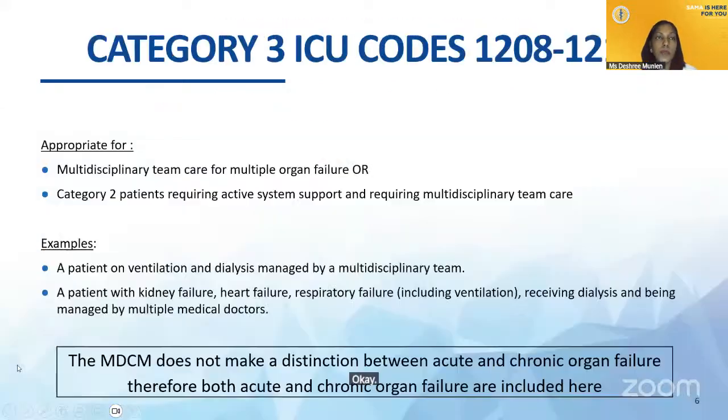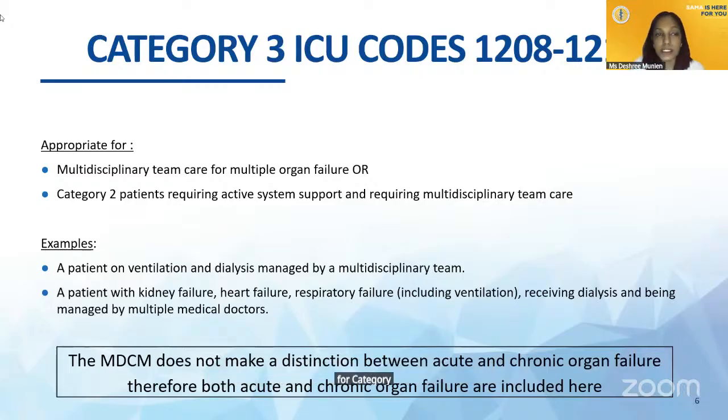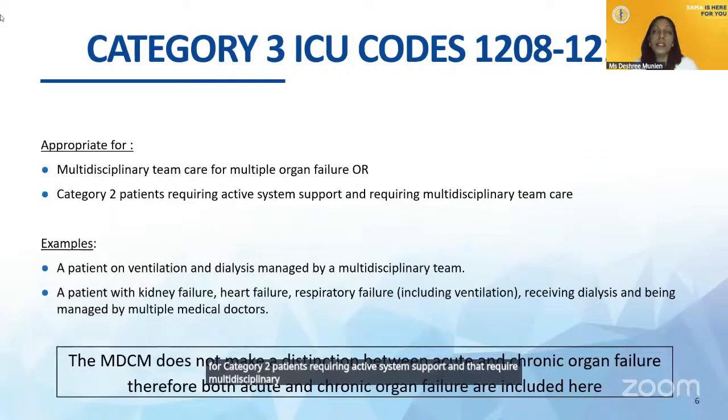Okay, and then we go on to the category 3 ICU code. It's the code range from code 1208 to code 1210. And this code range is appropriate for multidisciplinary team care for multiple organ failure, or for category 2 patients requiring active system support and that require multidisciplinary team care.